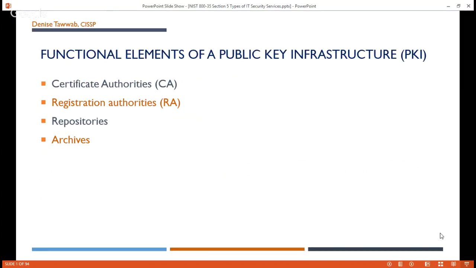So some functional elements of a public key infrastructure are your certificate authorities, registration authorities, repositories, and archives. If you're acquiring PKI services and you don't know what those four things are, get on that.